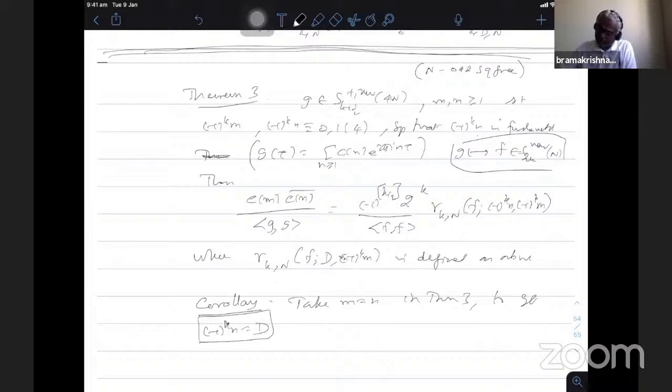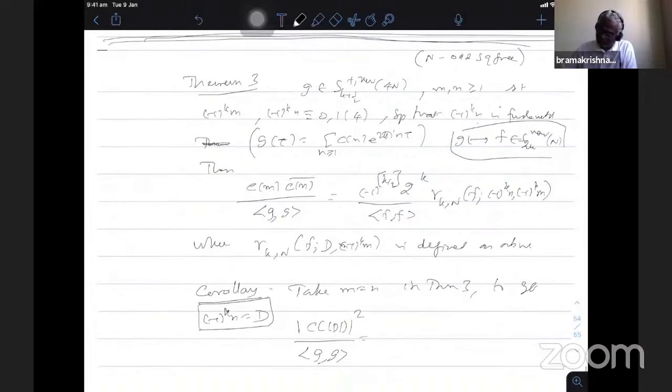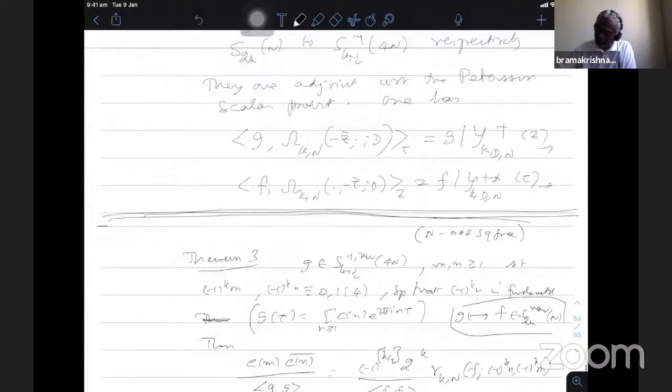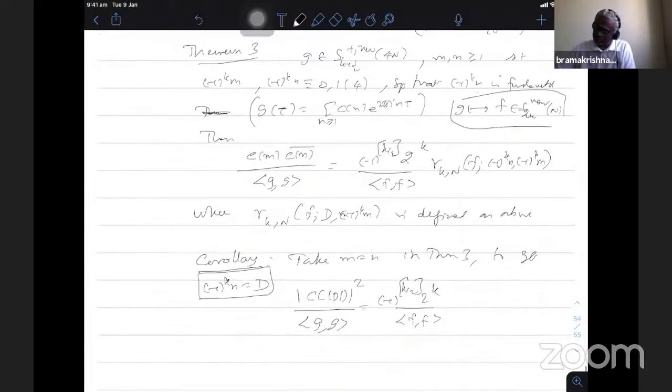Therefore, |c(|d|)|^2 divided by the inner product of g, g is equal to (-1)^{k/2} 2^k, the inner product of f, f, into this R_{k,n} f at d, d.